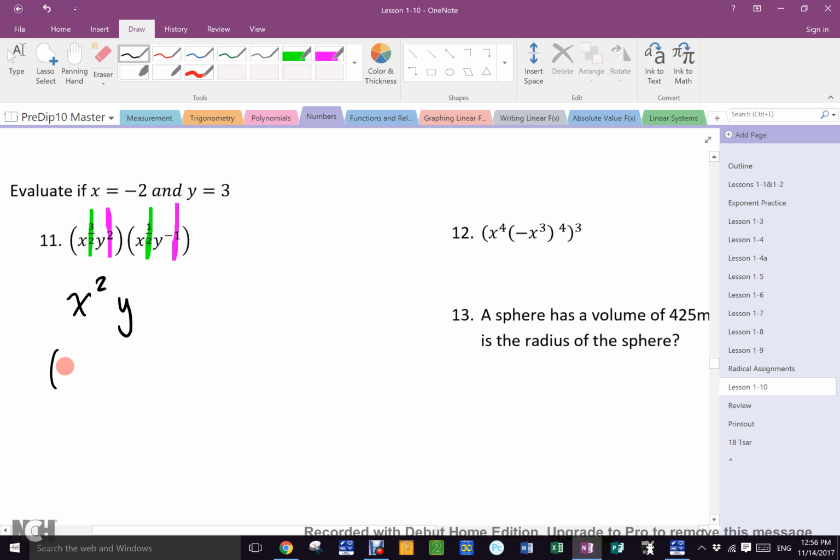I lied. What's the answer to number 11? It is 12. It's 12. This is a really nice one. It's 12. Is it, Leighton? Yes, it is. Positive 12.